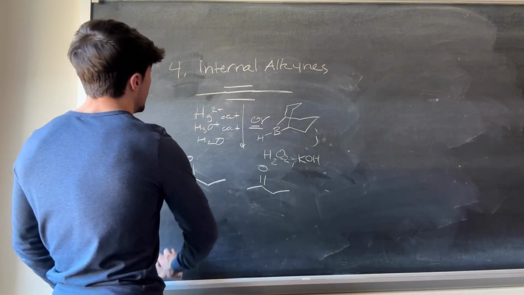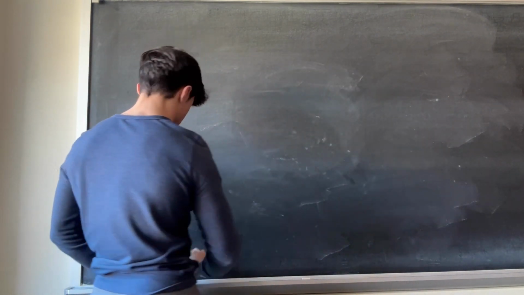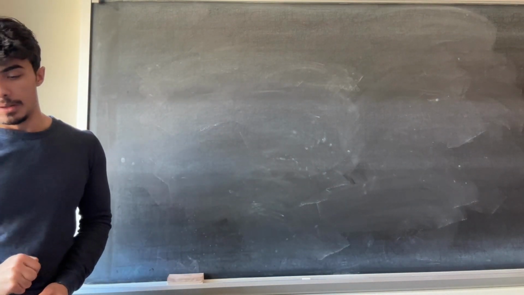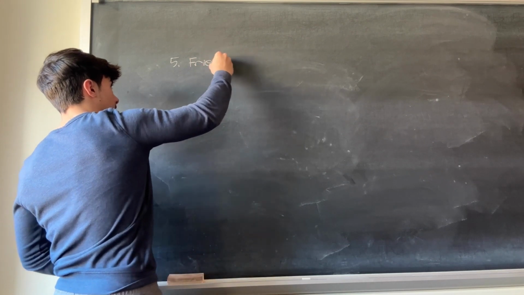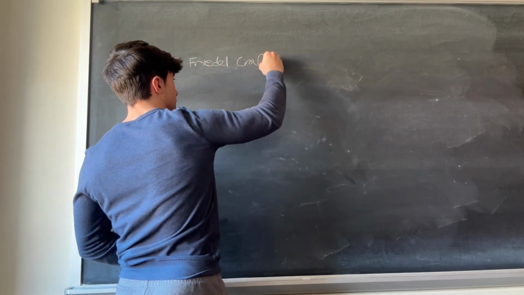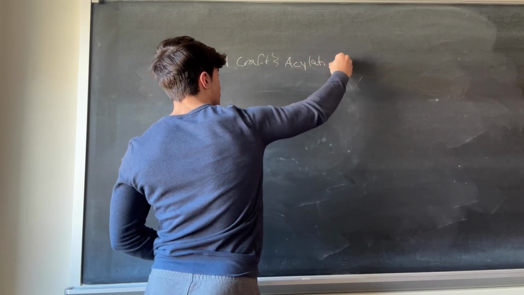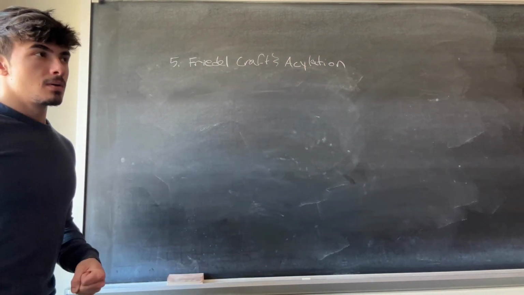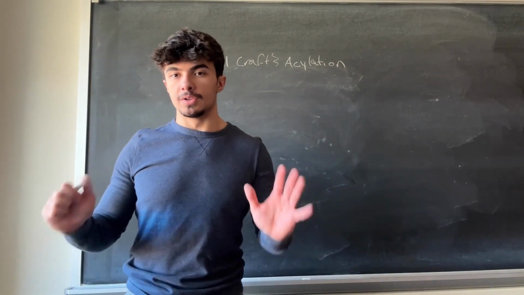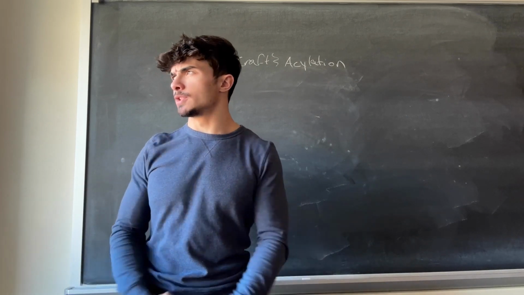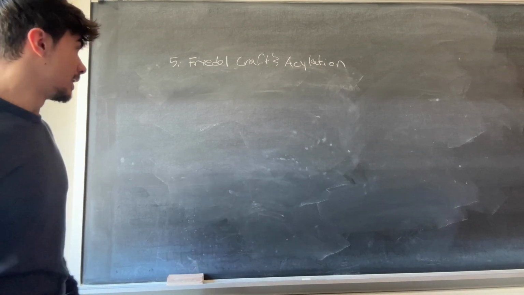All right, the last reaction that I want to cover for sort of review of Orgo 1 is Friedel-Crafts acylation. This is a really pedagogically important reaction, I think, to learn and talk about now before getting into the bulk of the semester, because there's some things like the acylium ion intermediate that we need to look at a little bit more in depth.